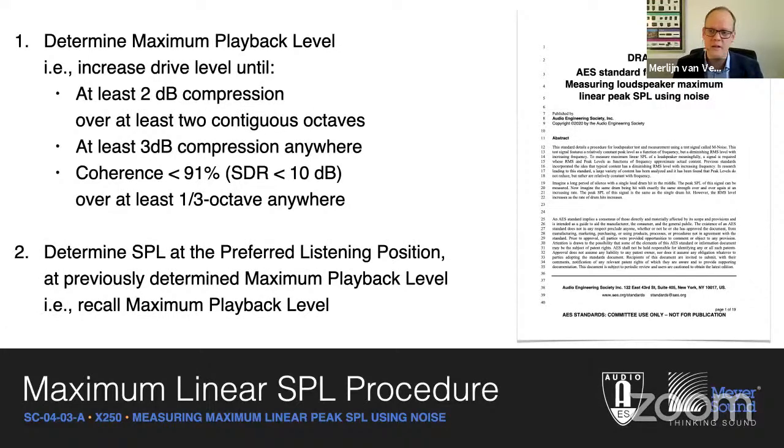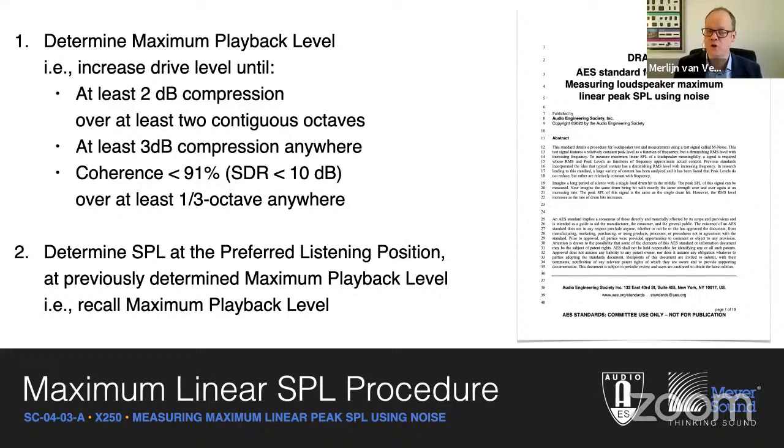So maybe there was a tender that requested XYZ dB at the front of house position and for music as the source, and now you want to validate whether that system is capable of delivering that requested SPL, and then you could use the same procedure. You just recall the maximum playback level, which you've documented, and now you're going to measure the SPL at the front of house position to see whether you can hit the requested level. So there's a lot of ways to use this to our advantage.